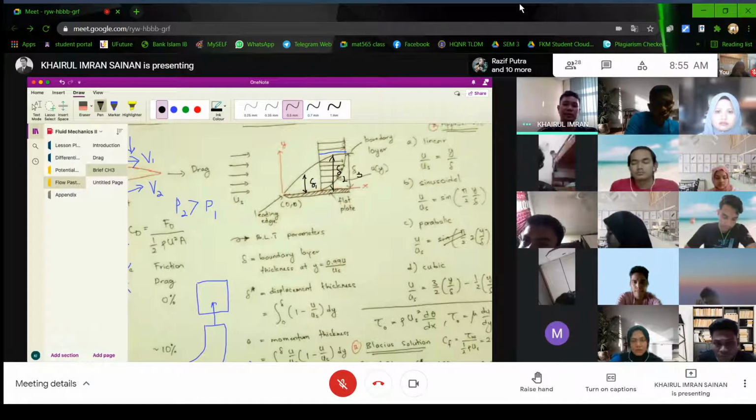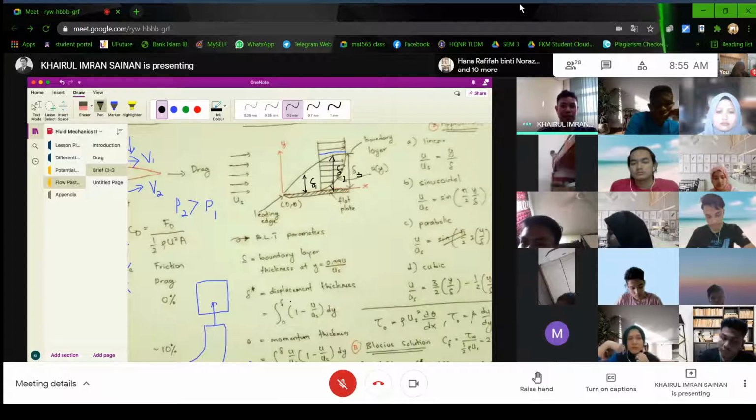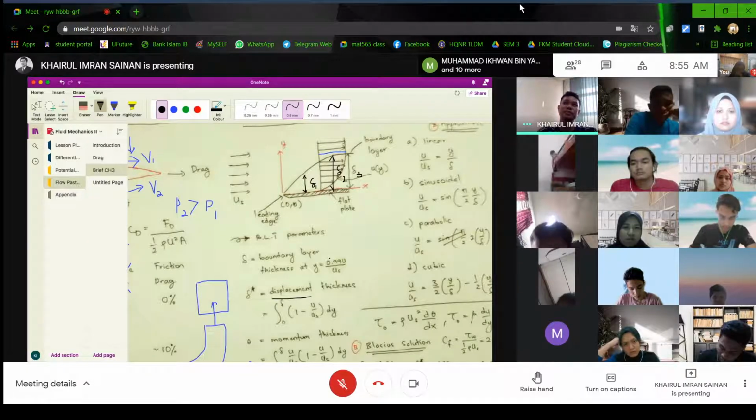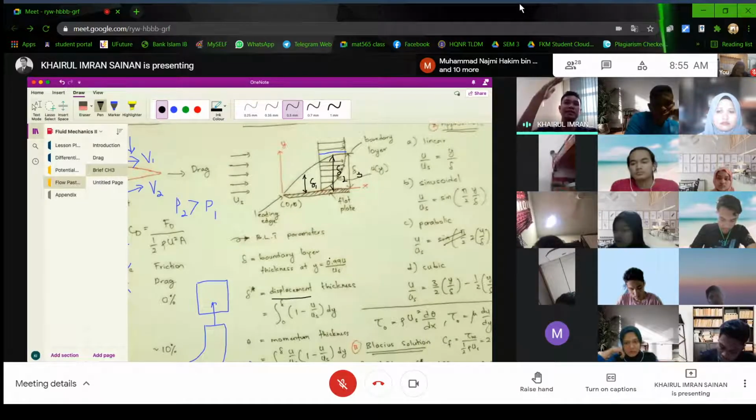Next, if you see here, the boundary layer is growing. So when it grows, displacement thickness, the name itself is displaced, right? Imagine you have a fluid that is increasing, but your object at the bottom is a flat plate.